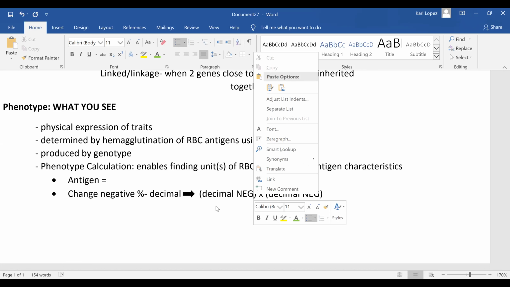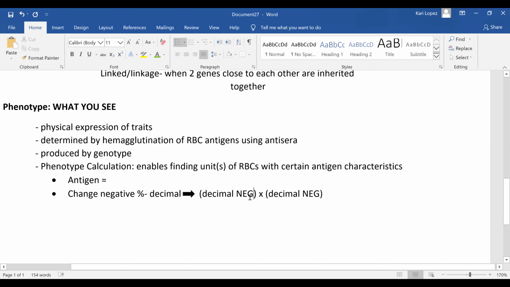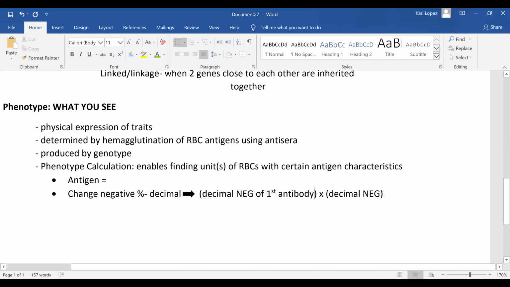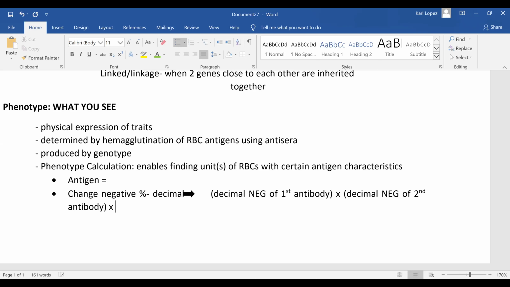So I'll put that in here: decimal negative of first antibody, times the decimal negative of second antibody, times the decimal negative of third antibody, and on until you have all the antibodies that that patient has.